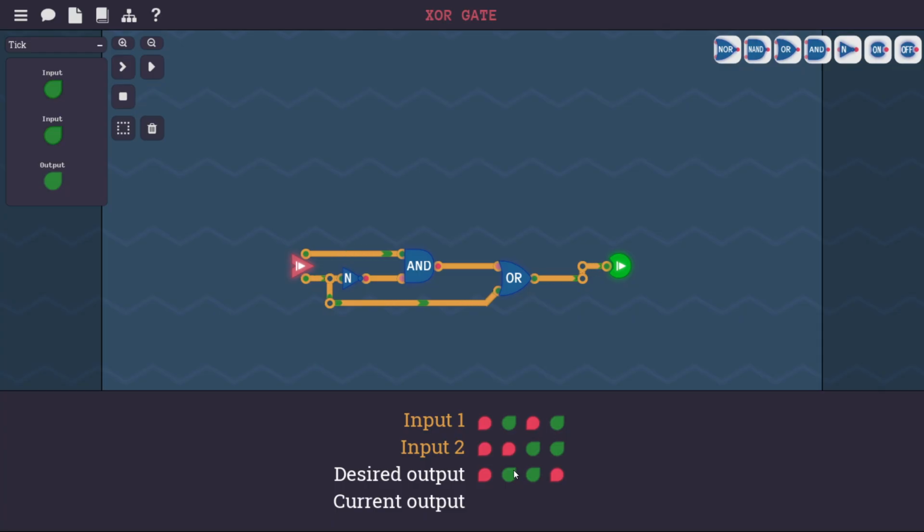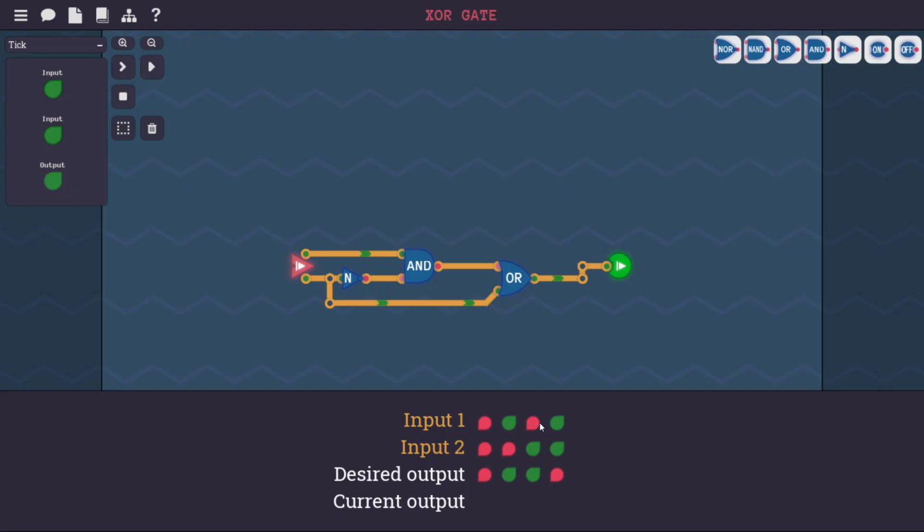It's by looking at the output, where the output is on, and trying to construct a formula from there.